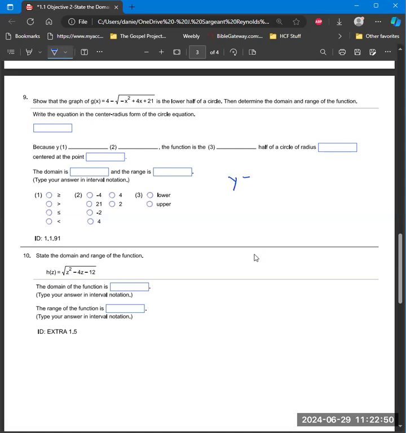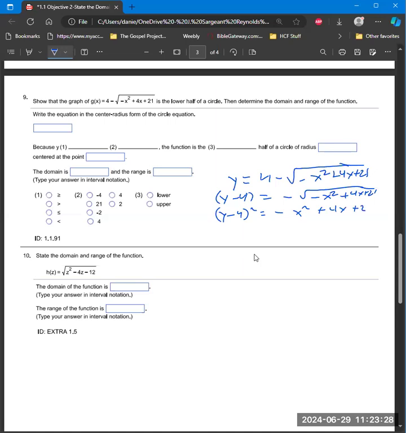If y equals 4 minus the square root of negative x squared plus 4x plus 21, then y minus 4 equals a negative root of negative x squared plus 4x plus 21. Let's square both sides. Y minus 4 squared equals negative x squared plus 4x plus 21.